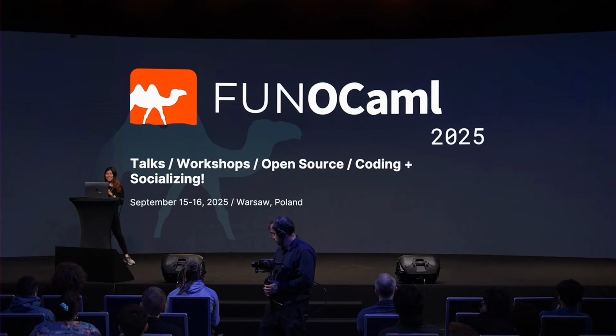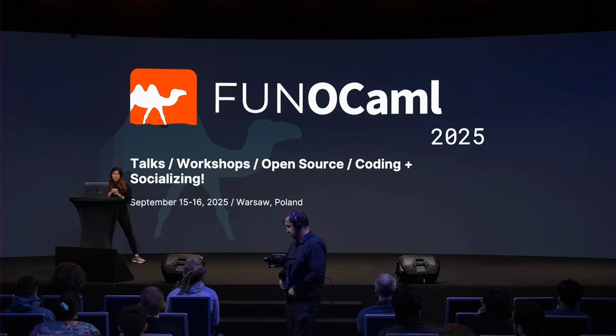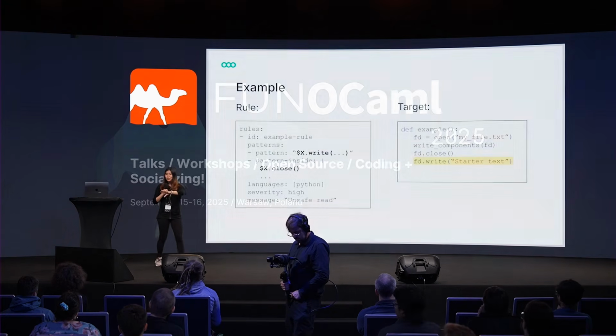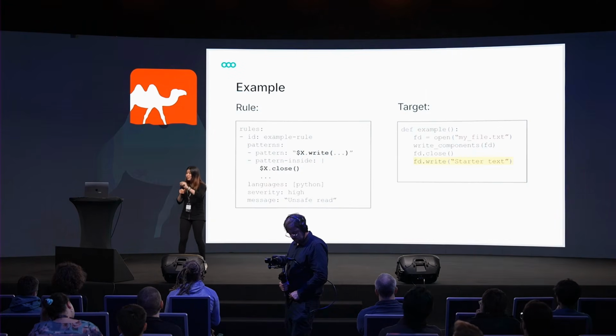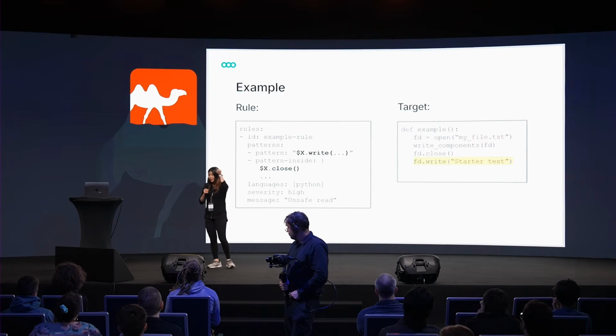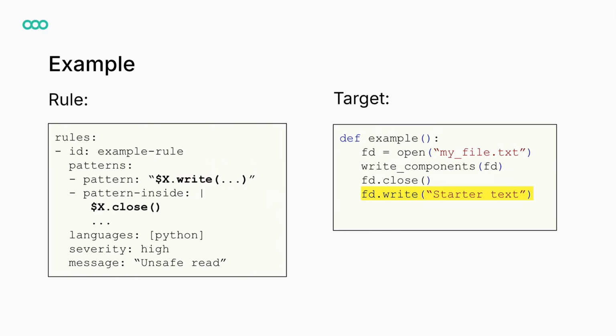Going back over here, the pattern is written to look like the code, with metavariables like $X to indicate, oh, you look for anything here. This is a snapshot of the AST that we want to match.